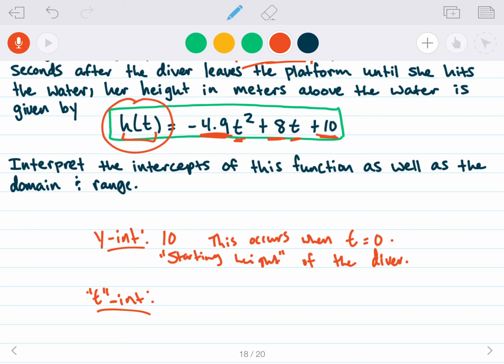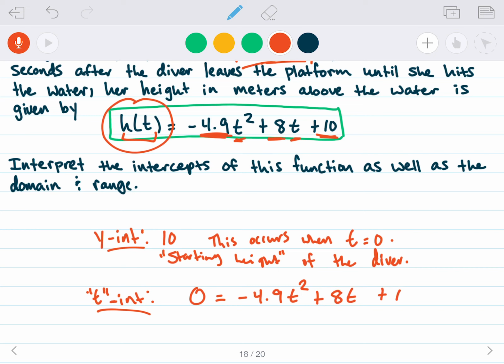Because the t-intercepts happen when our output is 0, just like when we were trying to find the zeros, we set y equal to 0. It's the same thing here. We're saying, okay, well, what's t when y, or h of t, is 0? So when h of t is 0, what is t?